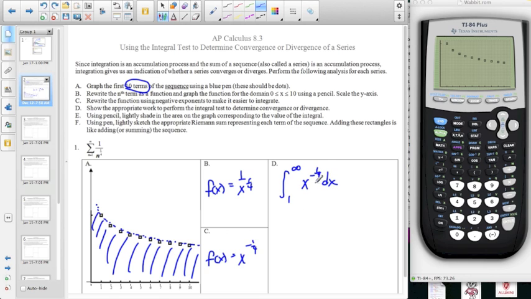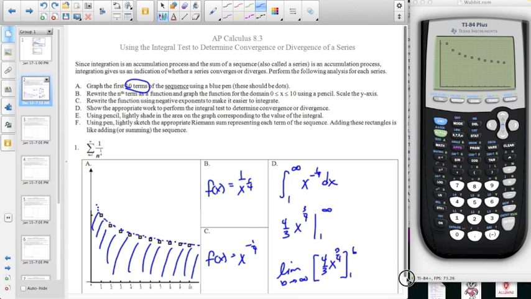And integrating that, increasing this power by 1 would get us 3/4, multiplying that by the reciprocal 4/3 x to the 3/4. And we're going to evaluate that from 1 to infinity, and really that's improper, so what we're looking at is the limit as b goes to infinity of 4 over 3 x to the 3/4 power from 1 to b.